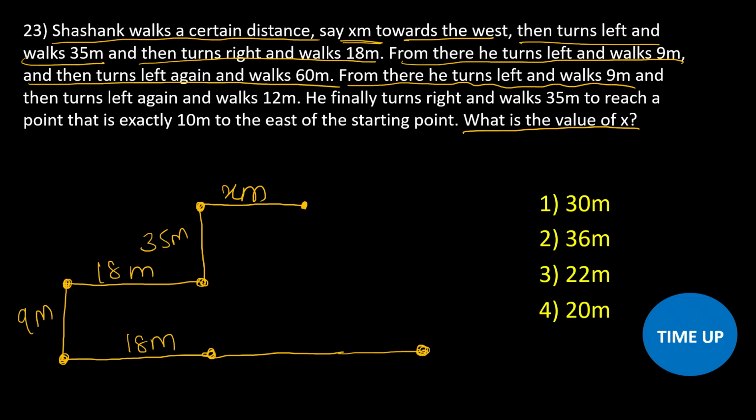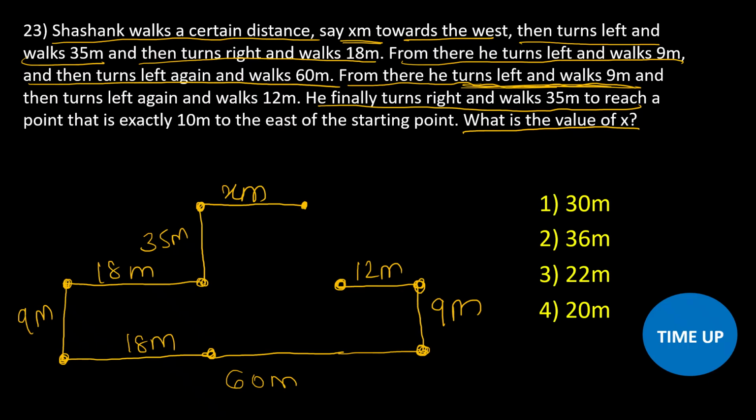Then he turns left again and walks 12 meter. He finally turns right and walks 35 meter, which is the same as before, correct?